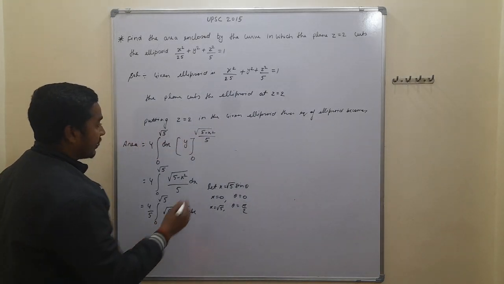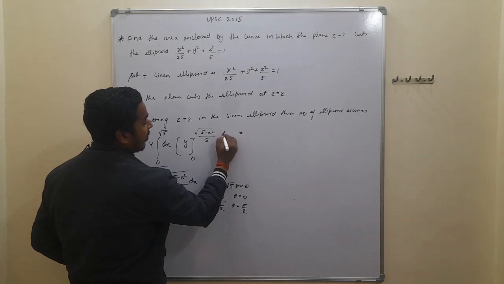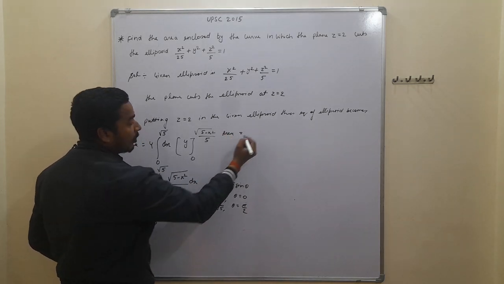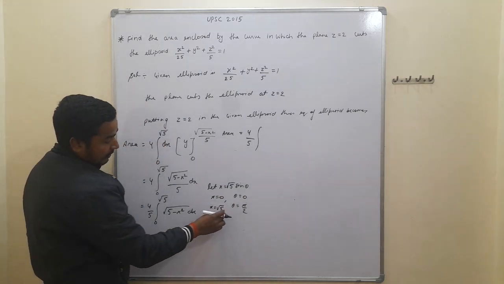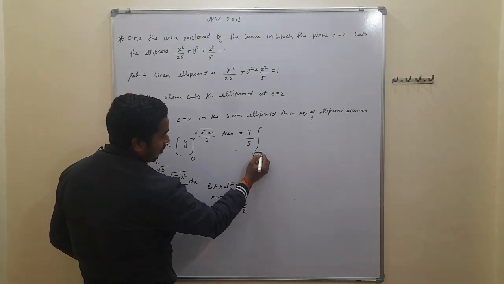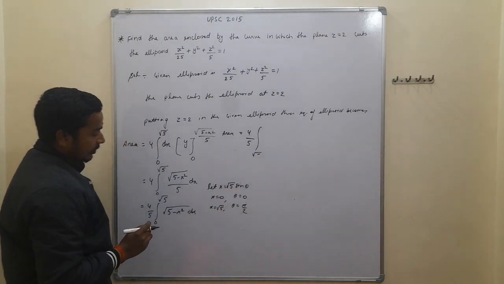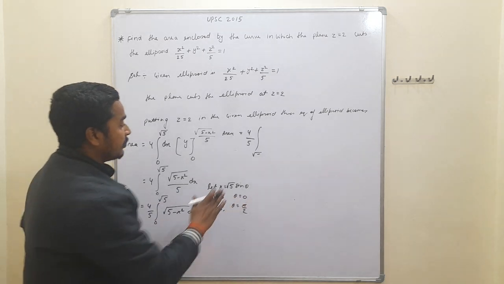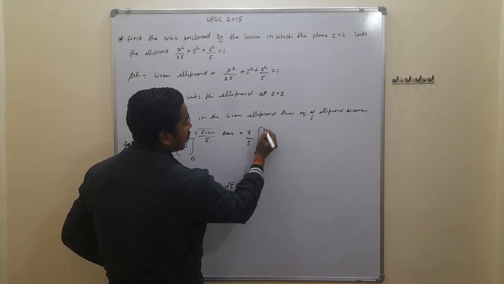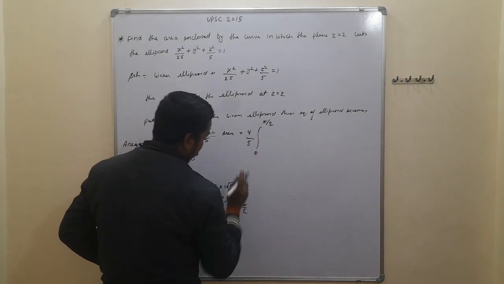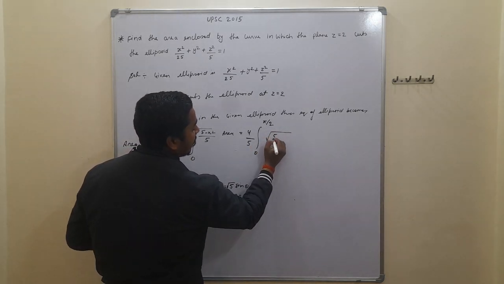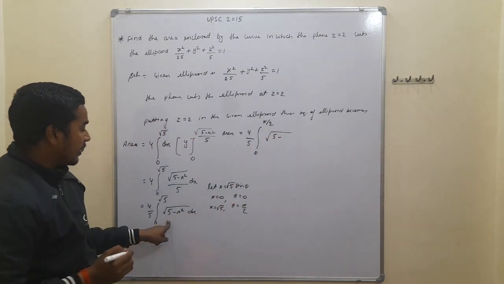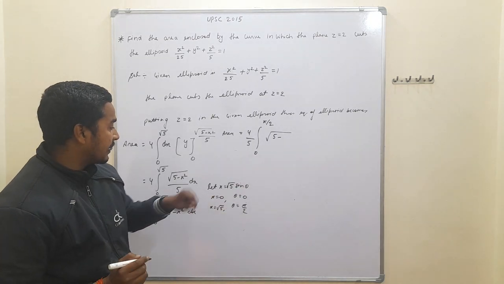We put here, area is equal to 4 upon root 5, and the integration limit is 0 to pi by 2, and we let x is equal to root 5 sin theta.